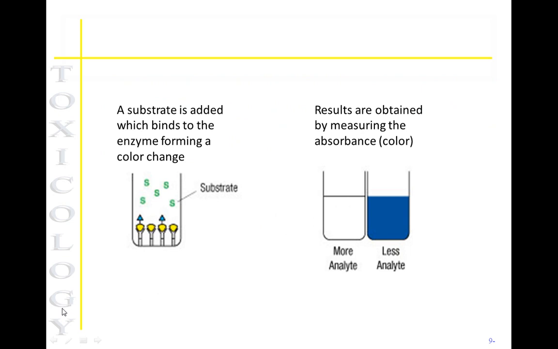Once they bind in the plate, then a substrate is added, which is going to cause a color change. The color change is then measured for the absorbance to indicate the presence of a drug.